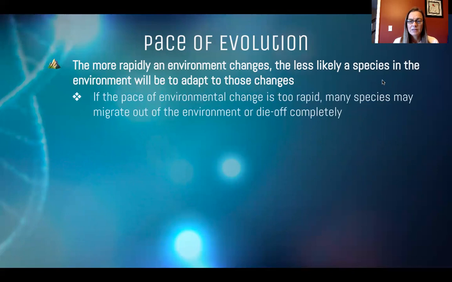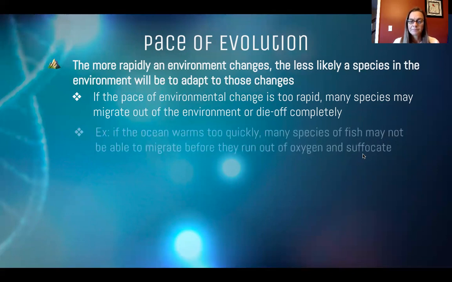If that pace is too fast, many species are going to migrate out of that environment, or they may die off completely if they are either unable to migrate or can't migrate fast enough. For example, if the ocean warms too quickly, many species of fish may not be able to migrate before they run out of oxygen and suffocate. So pace of change definitely makes a difference.